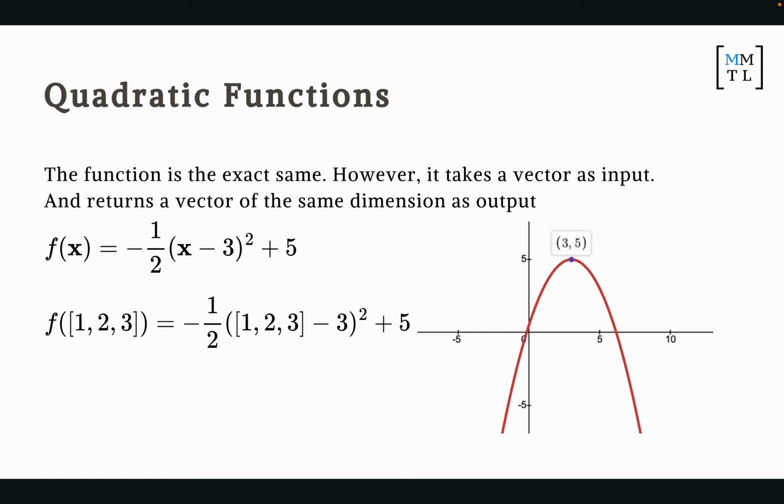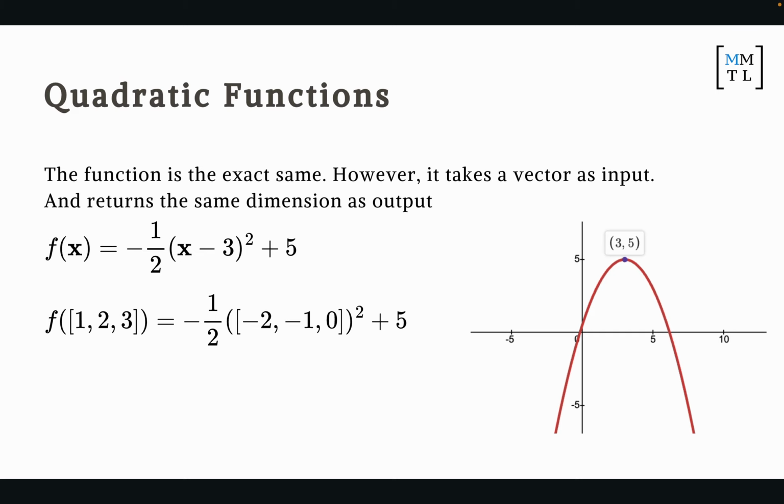Yeah, that's it. So remember how with numpy, all this is is that every single element gets broadcasted inside, right? So it's -2, -1, 0. Okay, what is that squared now? 4, 1, 0. Yeah, 4, 1, 0, right? And then scalar multiplication by -half.